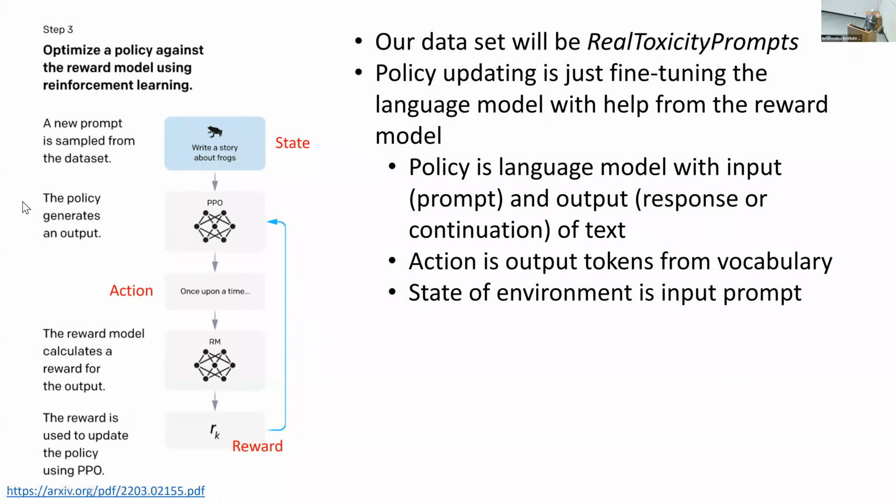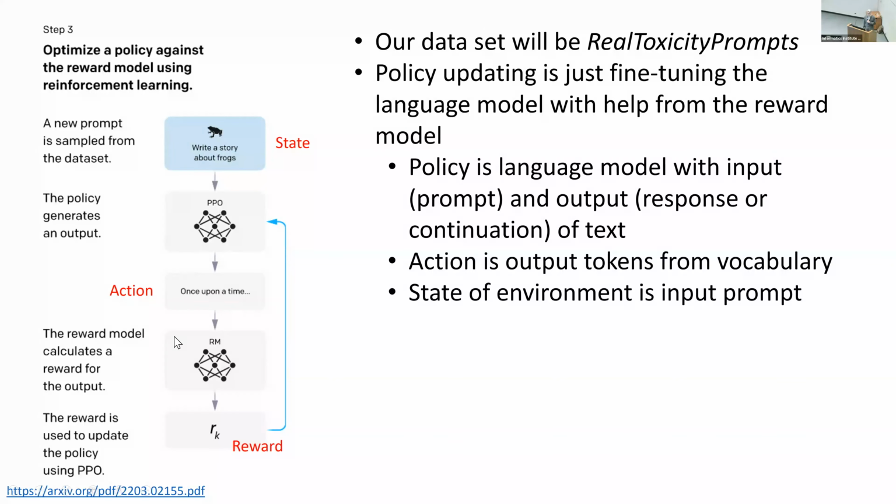And the way it works is the state is the input prompt that you're starting with, and then you give it to the language model that you're training. That policy is going to output an action, and that action is just a continuation, some additional text created after the prompt, hopefully something desirable for the humans.